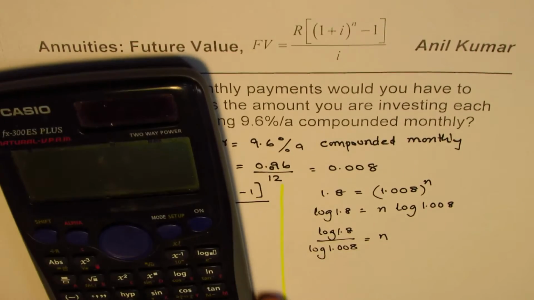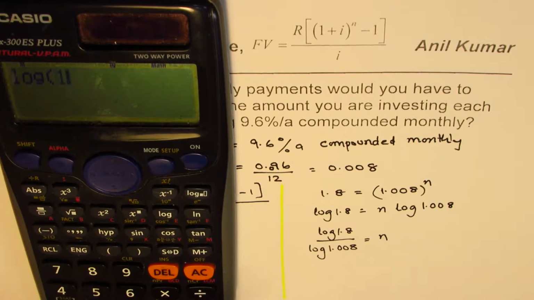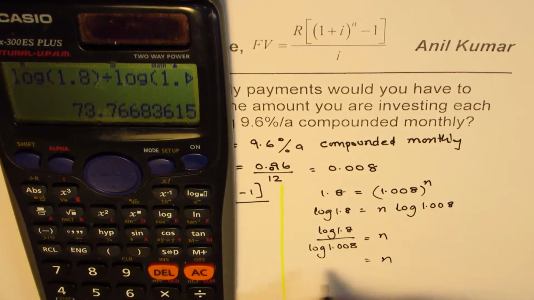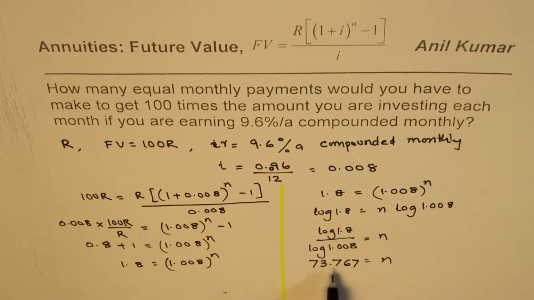So let's calculate this value. So we have log 1.8 divided by log 1.008, and that gives you around N equals 73.767.